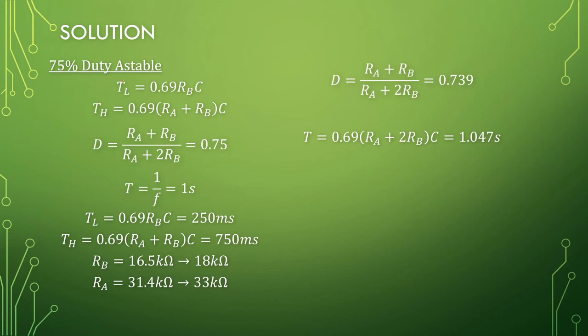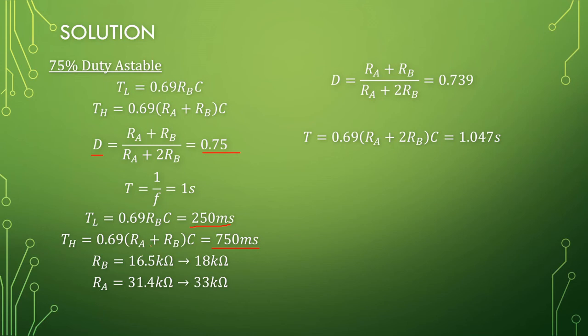Right. For the 75% duty cycle astable, we're going to use all our equations. The duty cycle is 0.75. This means our time spent low is 250 milliseconds and our time high is 750 milliseconds.